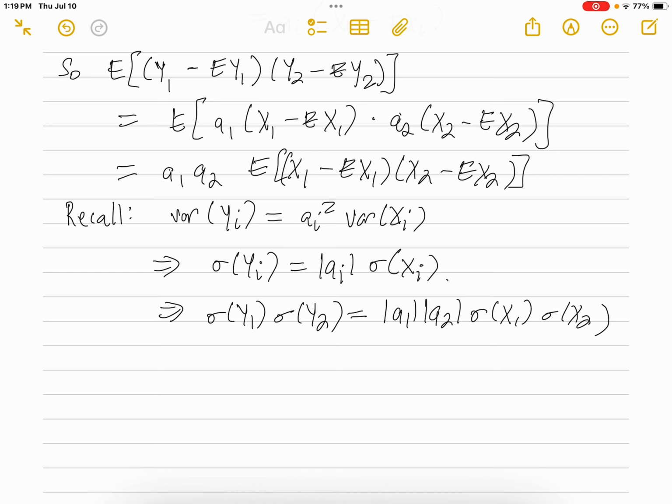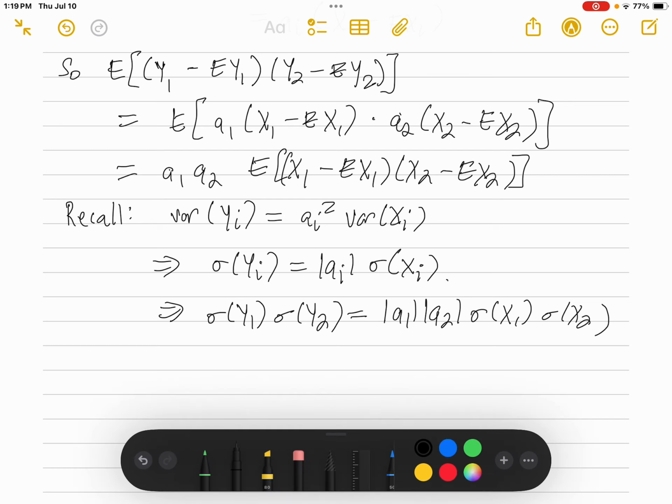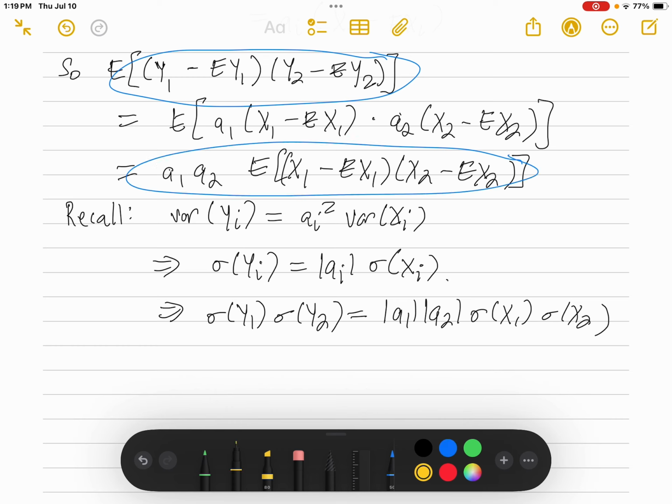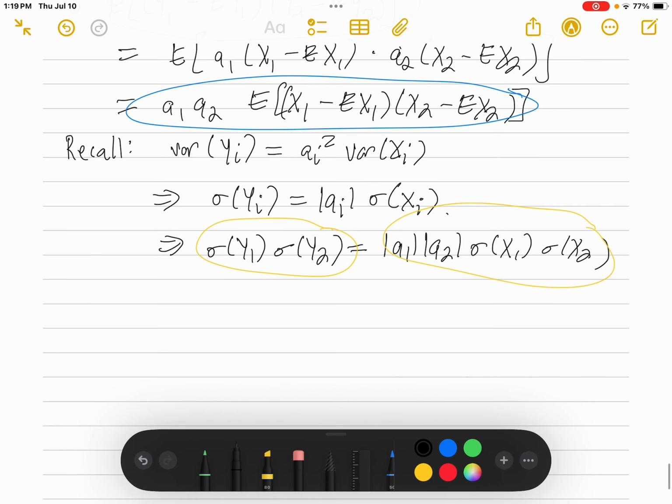Okay, now let's divide. So we have this is equal to this, and this is equal to that. And now let's divide the blue expression by the yellow expression. Then on the left, we will get the correlation between y1 and y2.